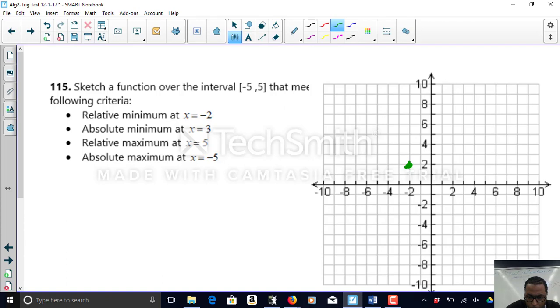Absolute minimum 3. So it has to be below that. Maybe I'll move it here. The relative maximum is 5. So maybe I move it, let's see. I can move it here maybe. And then absolute maximum has to be negative 5. So maybe I move it up here. Okay, so maybe I go something like this.